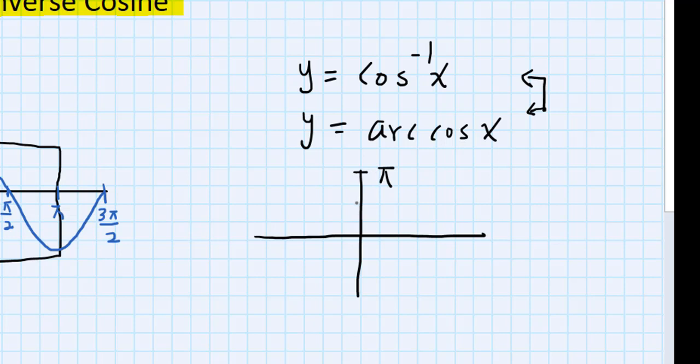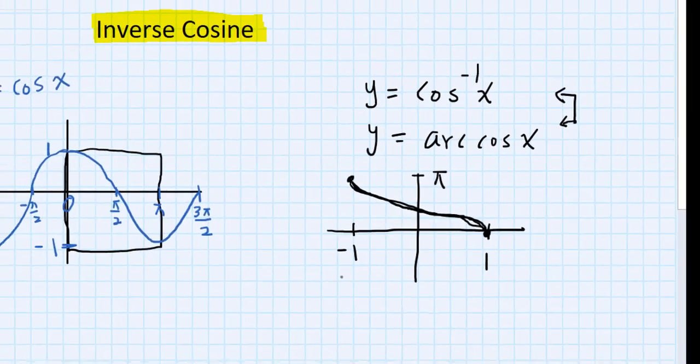And the range, which is -1 to 1, becomes the domain of the inverse. When you graph it, it will look something like this. That's the graph.